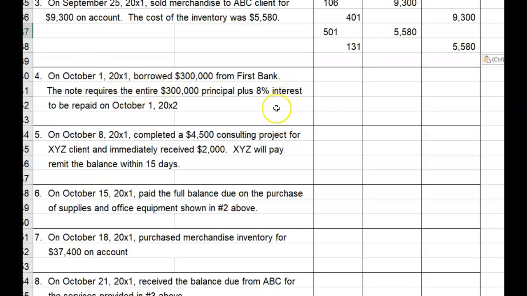So this is information you're going to need when we write adjusting journal entries, but it is not needed to record this business transaction in the form of a journal entry on October 1st. So go ahead and use your chart of accounts and record this journal entry for October 1st. Then start the video again to check your work.